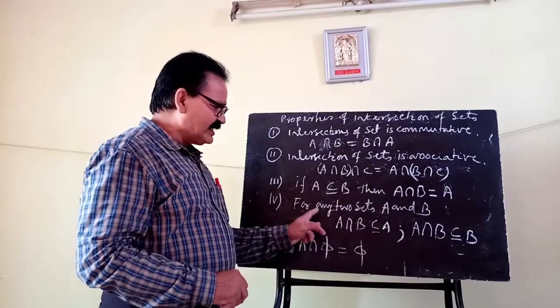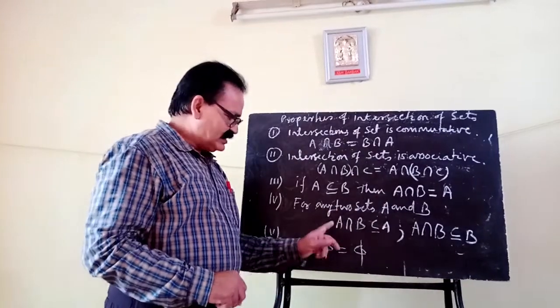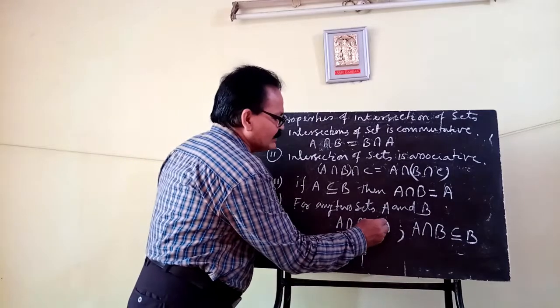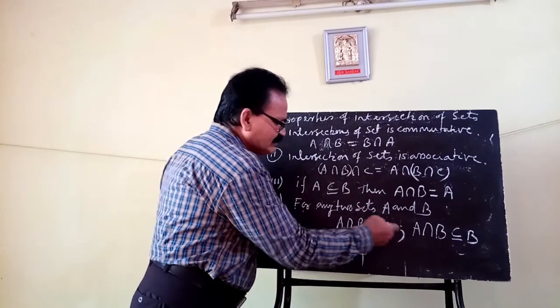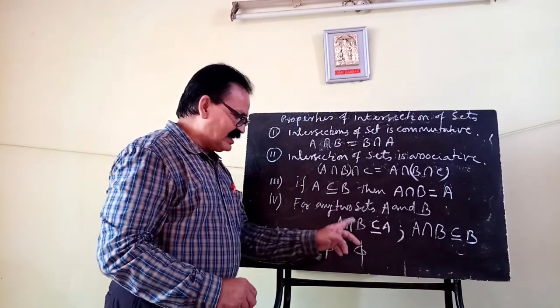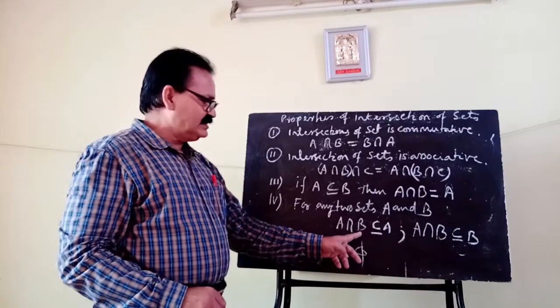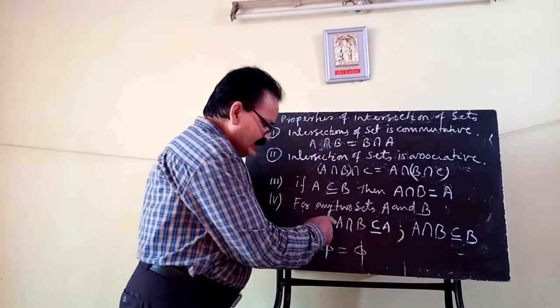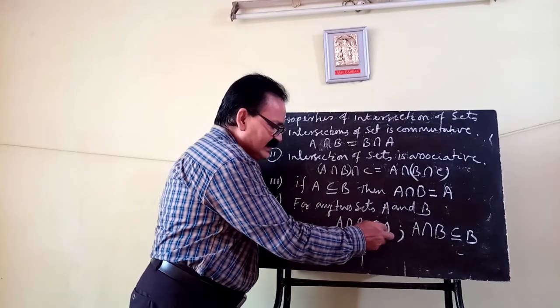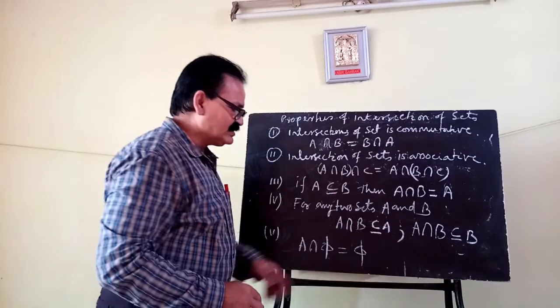Another property: for any two sets A and B, A intersection B is a subset of set A. When is this possible?